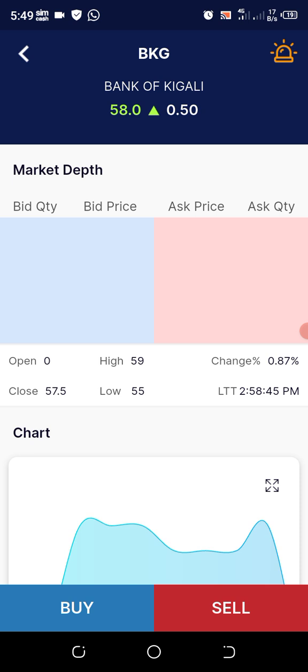The 1,000 shares will fall under the bid quantity. Then the price at which these people want to buy the share, let's say it's 58, will fall under the bid price. The same applies to the ask price and the ask quantity.